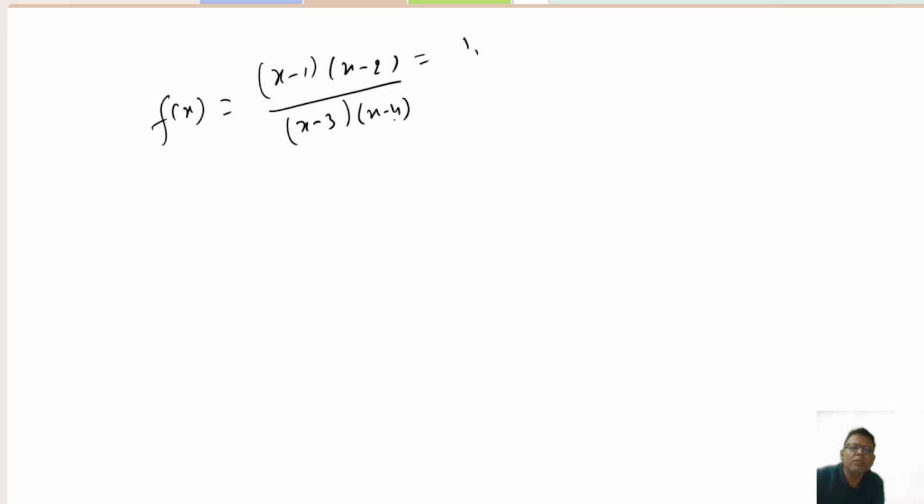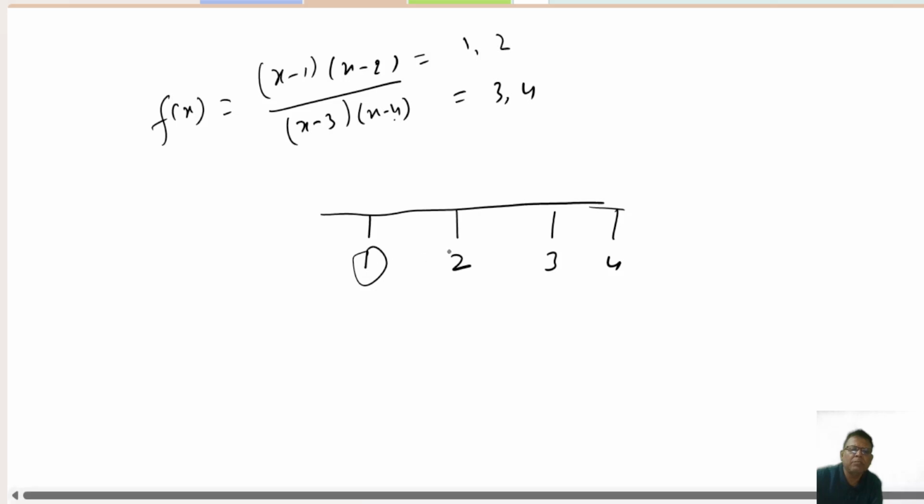Here you will find roots 1 and 2, and here roots 3 and 4. So you plot 1, 2, 3, 4 on the number line. All are odd, since each has come only one time. So you take a test value.